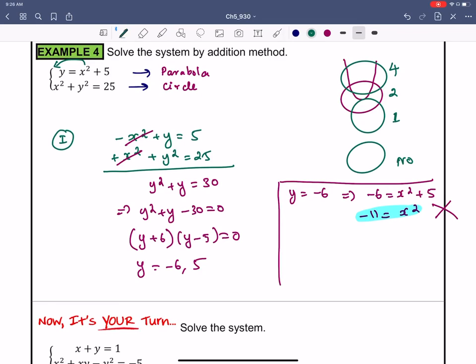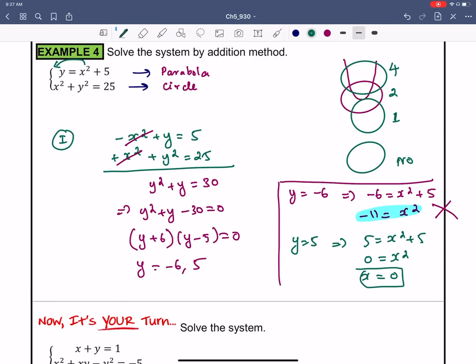So let's take a look at the other value, which is y is equal to 5. When I plug it into my first equation, it doesn't matter, you can plug it into any of the equations, by the way, it gives me 5 is equal to x squared plus 5. That tells me x squared is equal to 0, so x equals 0.